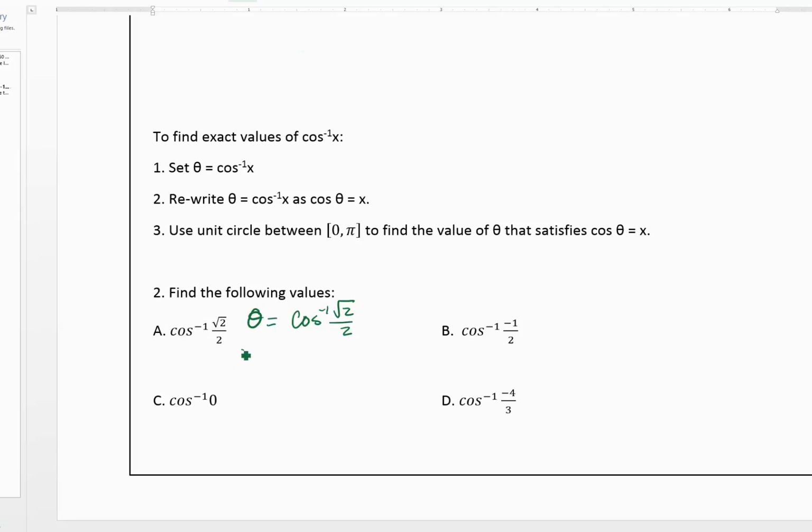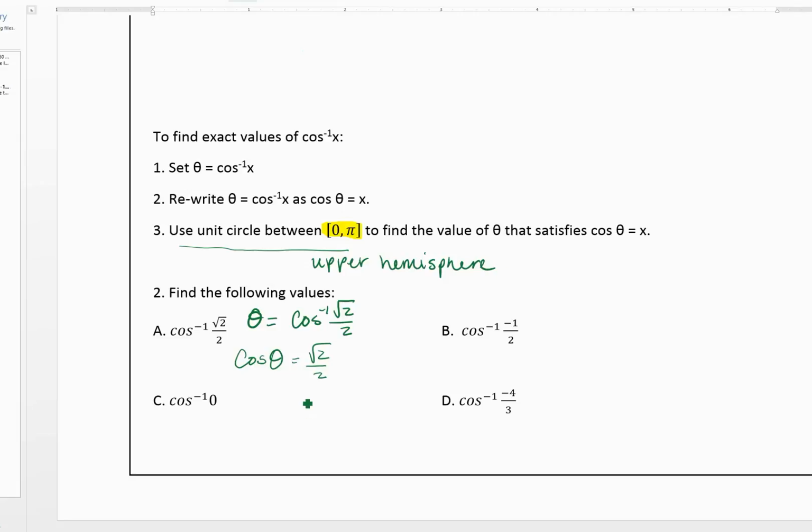So we're saying for what angle is cosine of theta equal to square root of 2 over 2. Now we're going to use the unit circle between 0 and pi, and that 0 and pi is really the critical part. That's going to be the upper half, the upper hemisphere, to find the value of theta that satisfies cosine of theta equals x.